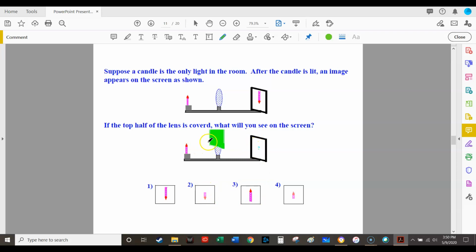Or since you're covering up half the lens, the light rays may flip the image upright instead of being upside down. It'll now be upright, or will it also be flipped and also half the image? So what do you think is going to happen if you cover up half the lens so that half the light rays can't get through? What do you think is going to happen? Pause the video now and answer that question.